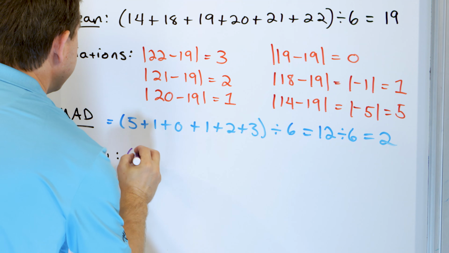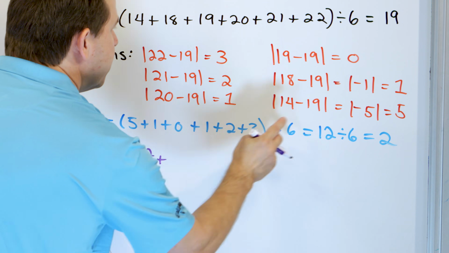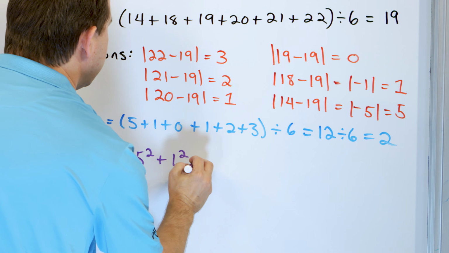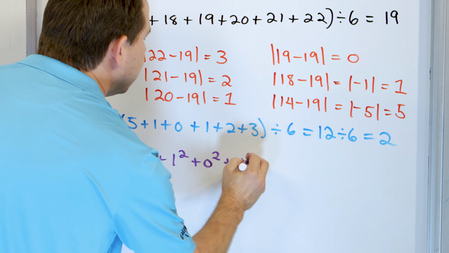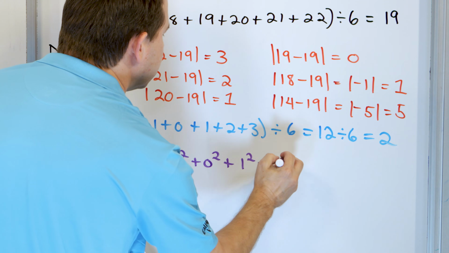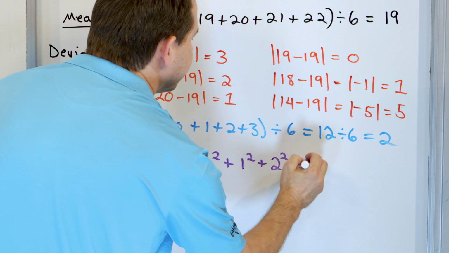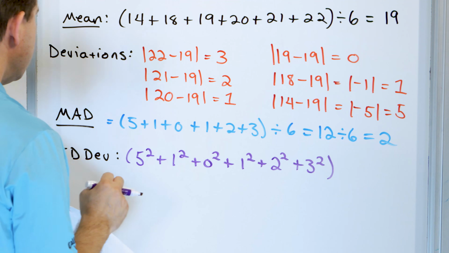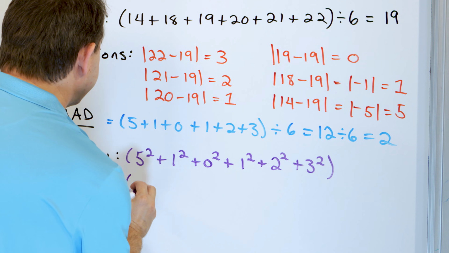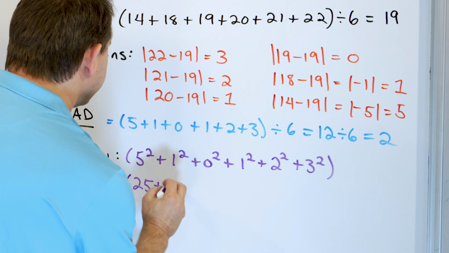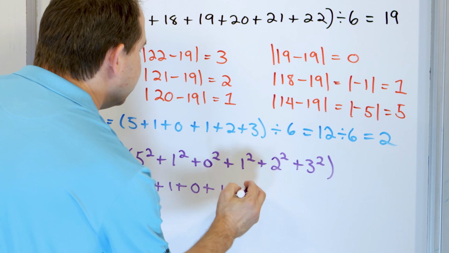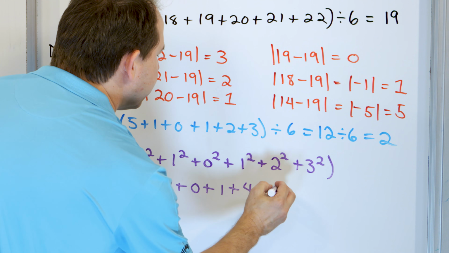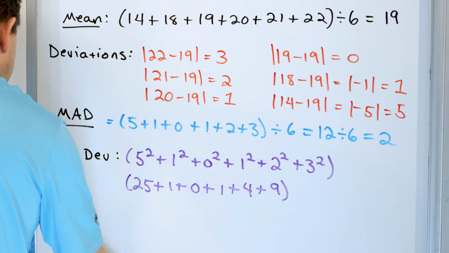We'll have 5 squared plus 1 squared plus 0 squared here plus 1 squared plus 2 squared plus 3 squared, right? And let's continue down here. This is going to be 25 plus 1 plus 0 plus 1 plus 2 times 2 is 4, and 3 times 3 is 9. All right?